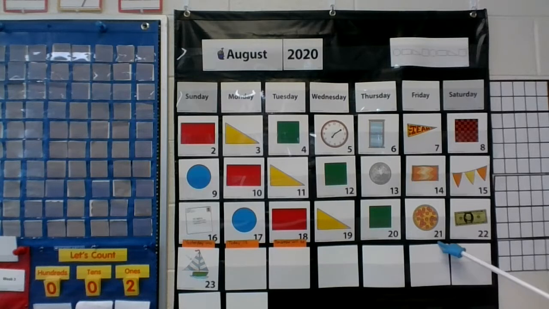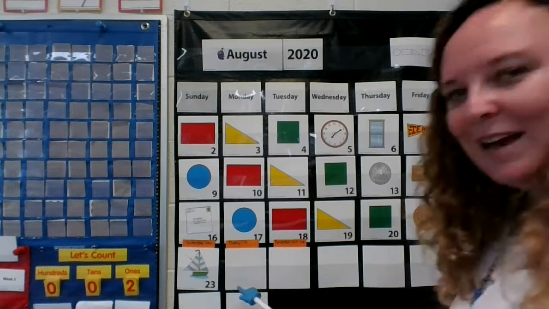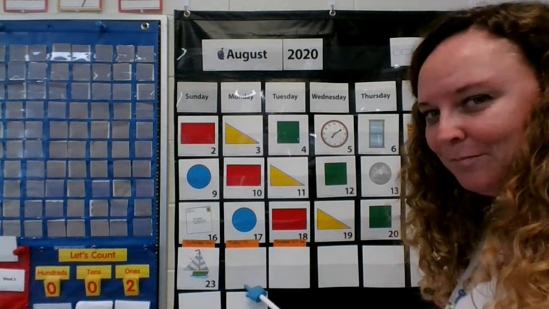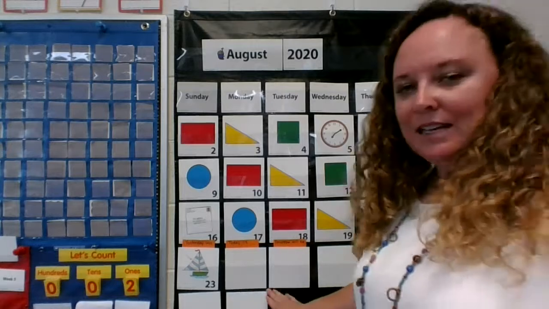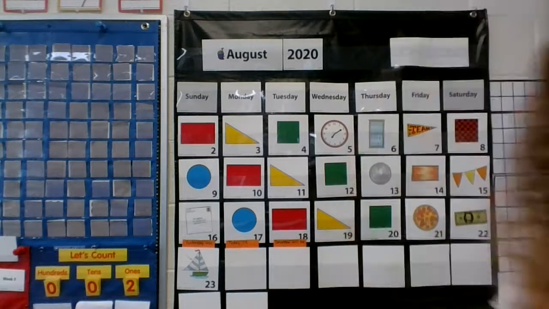We're almost there. Keep counting. 21, 22, 23. And what comes next? You should have said 24. So we know that the date here is going to be the 24th.